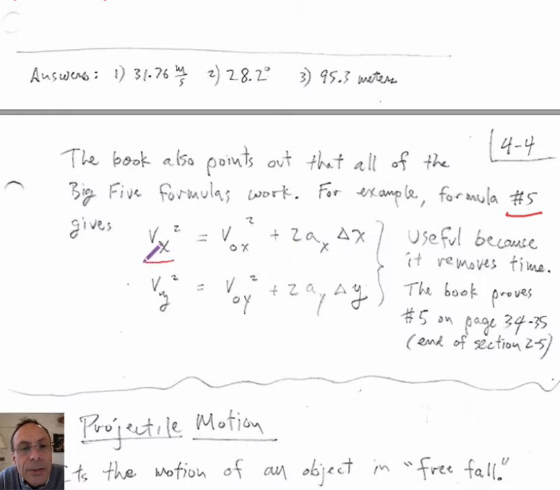The x component of the velocity squared is equal to the beginning x component of the velocity squared plus 2 times the x component of the acceleration times delta x, so the change in position.